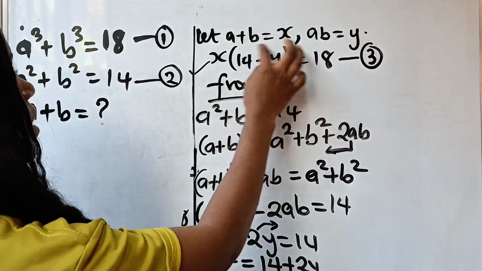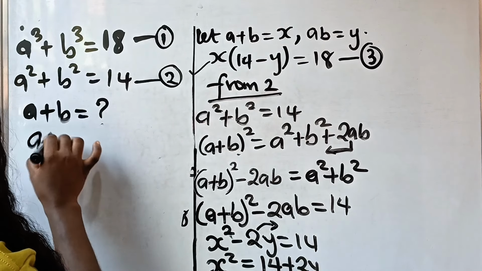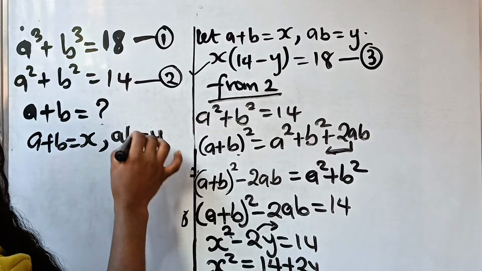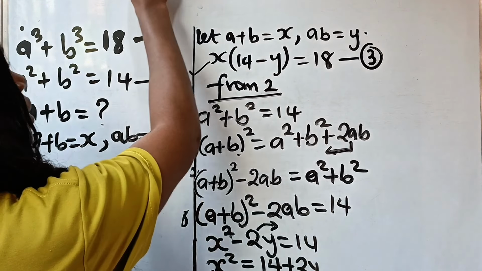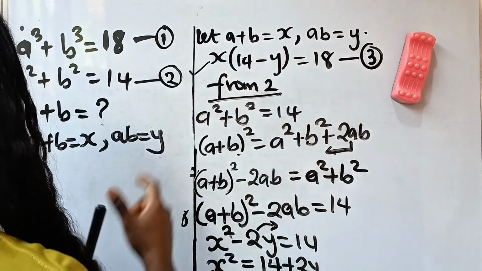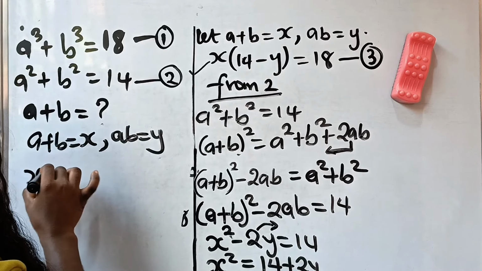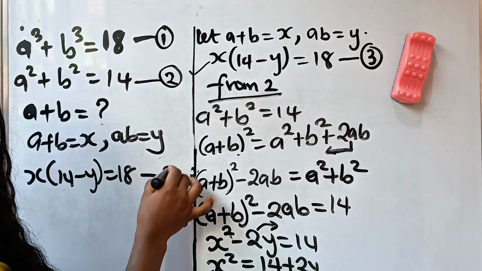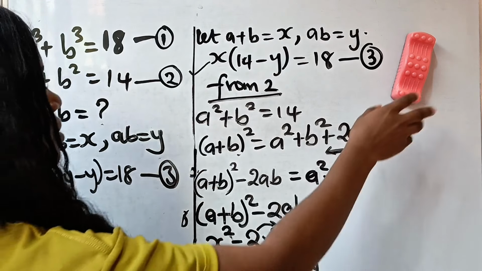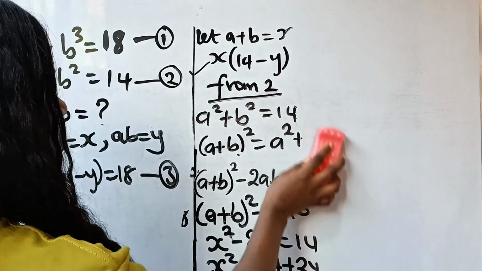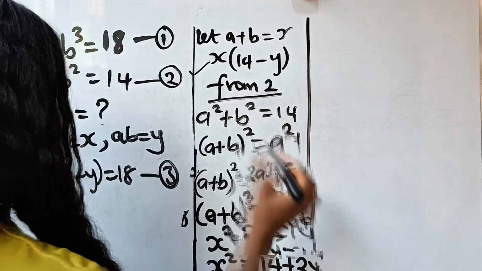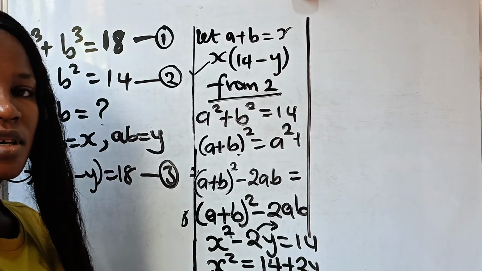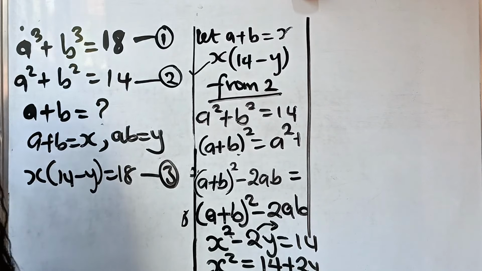It's important to note that a plus b is x and ab is y, and equation 3 says that x bracket 14 minus y is equal to 18. So now we have that x squared is equal to 14 plus 2y.